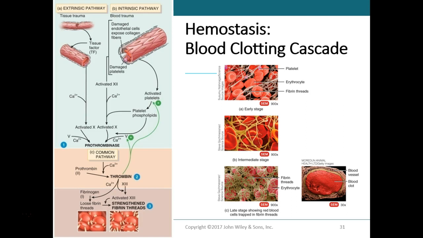Same thing with fibrinogen. It is in the blood in the inactive form, and only when these two pathways begin that domino effect do we have prothrombin change to thrombin, and then thrombin cleaves fibrinogen to active fibrin, and that forms the clot.